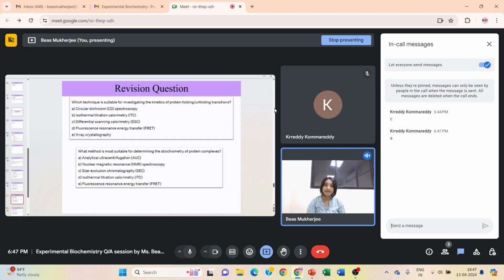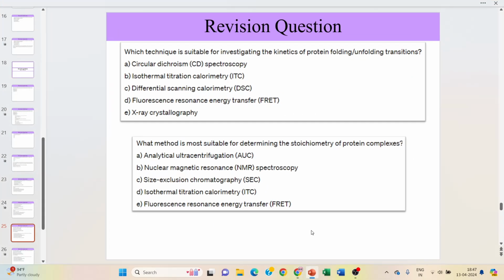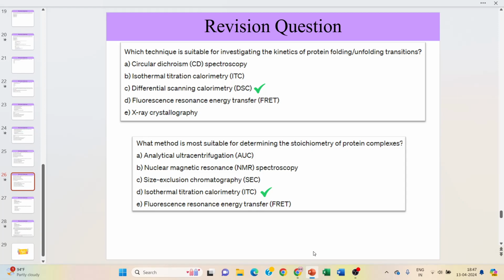Is this for the second question? Right. Yes, very good. Okay. We'll have a look at the answers. Most suitable for studying protein complexes, in my opinion, should be analytical ultracentrifugation.